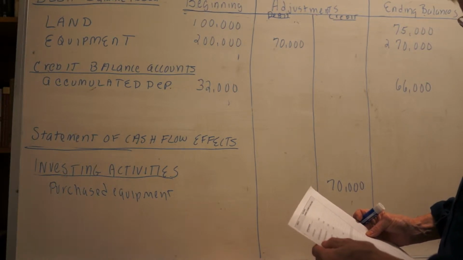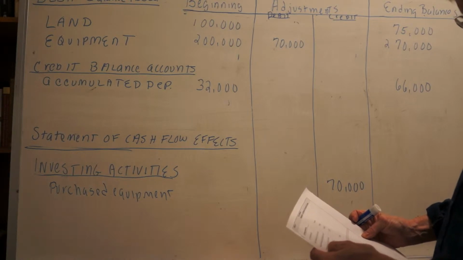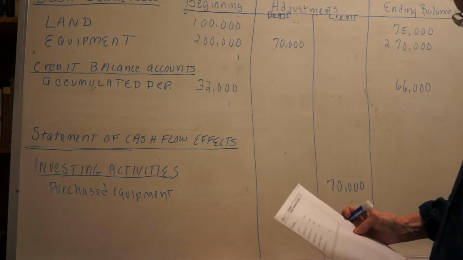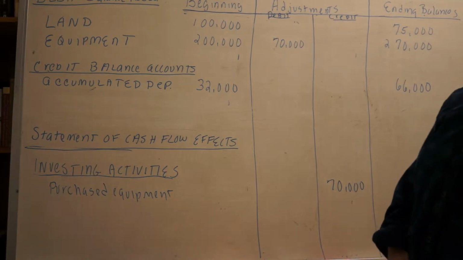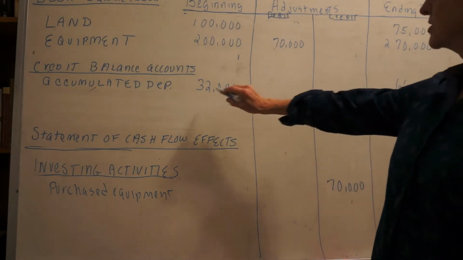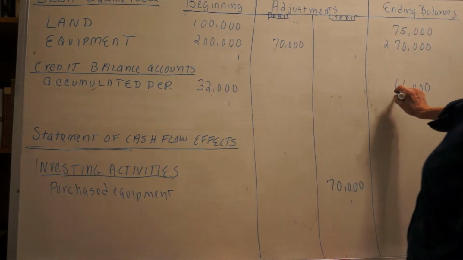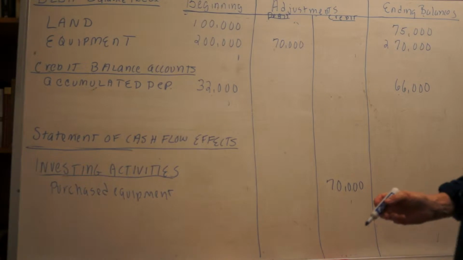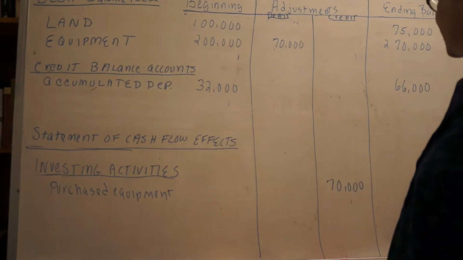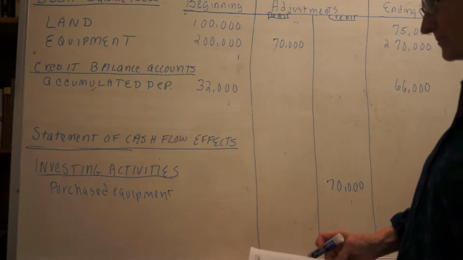They don't give us depreciation expense for the year. So we have to make the assumption that since no equipment was sold, the difference between the beginning and the ending would be the depreciation expense and the accumulated depreciation.